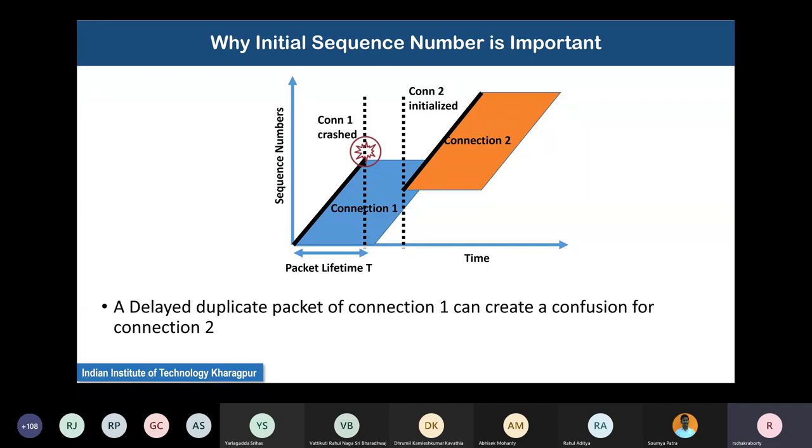That is the question. But before we go to that, I have another small question. This is a plot of sequence number versus time. It has been shown to be a straight line passing through the origin, because it starts from 0, assuming.